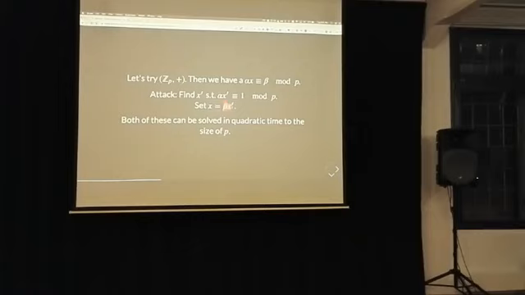Multiplication modulo p can, on the hardware level, be done in O(1). It's a built-in operation, and multiplicative inverse is actually a quasi-linear problem. So it actually runs even faster, or I should say even smaller than quadratic time.